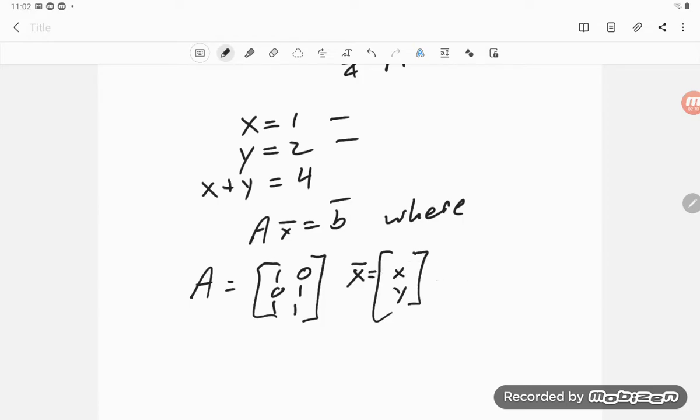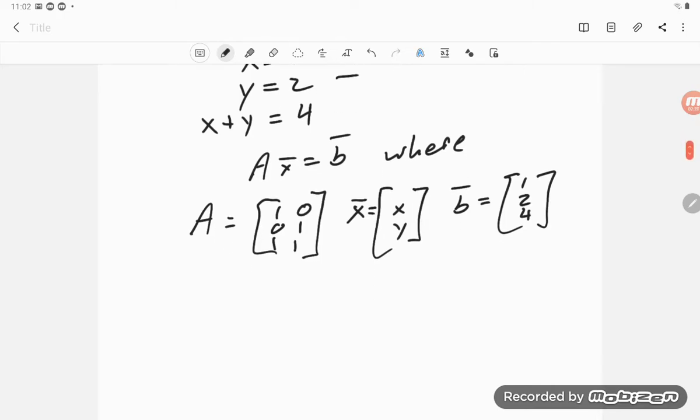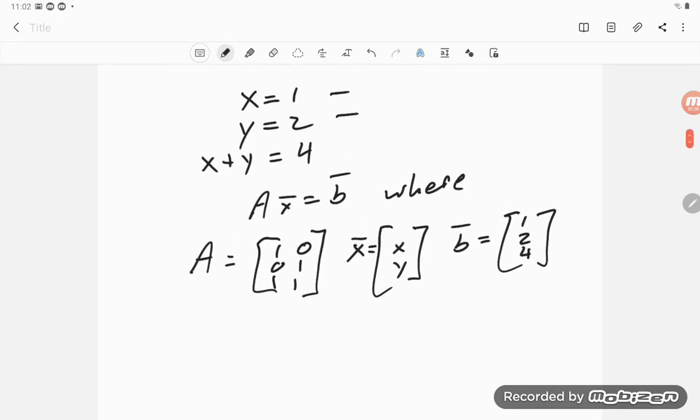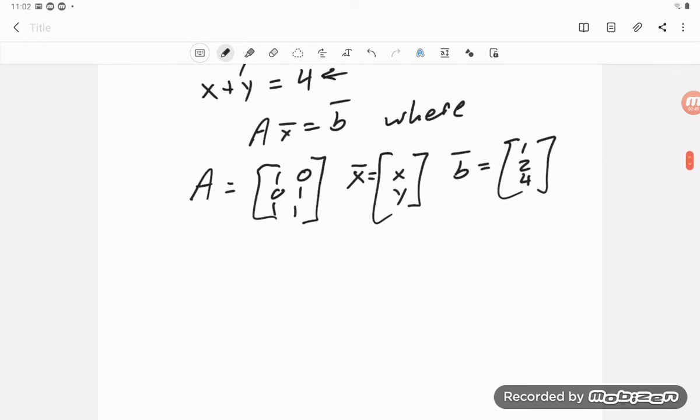And our vector b is given by the vector 1, 2, 4. And so generally speaking, if I have more equations than unknowns for these linear things, probably it's going to be inconsistent. If this 4 was a 3, well, no, that would work. But generally, it's going to be inconsistent. And so what do we do?